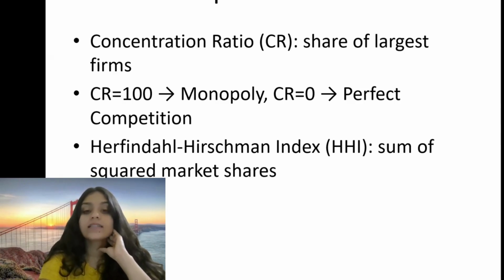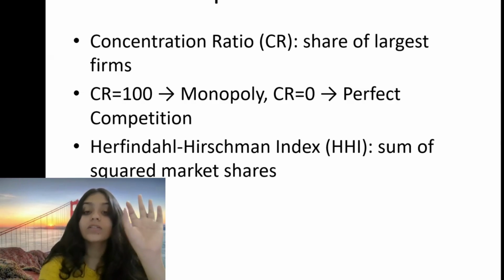It adds up the square of each firm's market share. Because of the squaring, the large firms get more weight and then we get an accurate analysis.